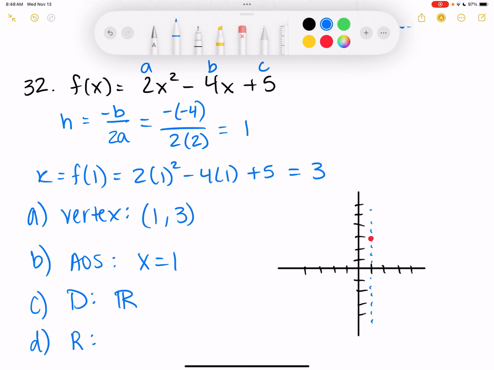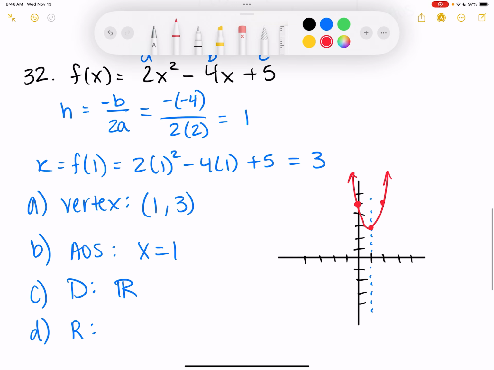So when x is 0, y is 5. And 1 away here, go 1 away on this side, and there's my graph. So what would the range be for this one? 3 to infinity. Yep, 3 to infinity.